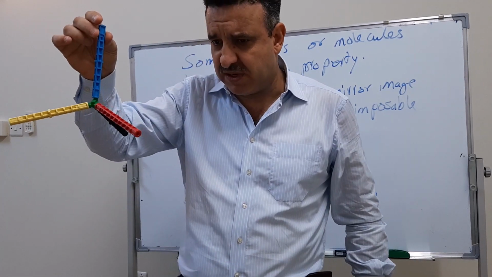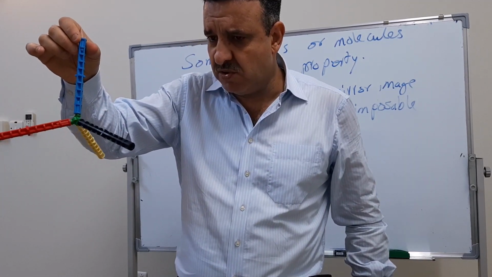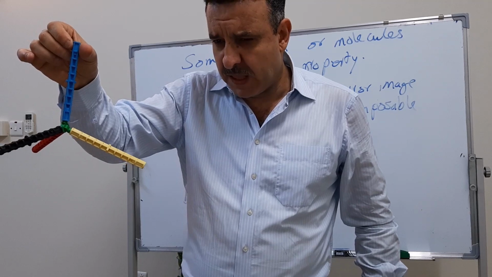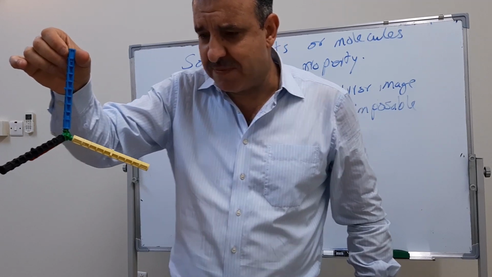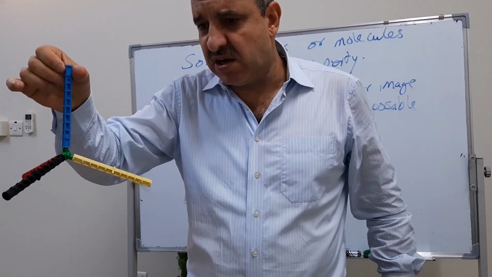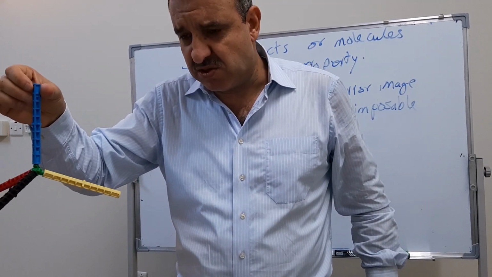For example, this one, can you see it? It's connected to 4 different atoms or groups. Imagine, of course, that each color is a different atom or group.